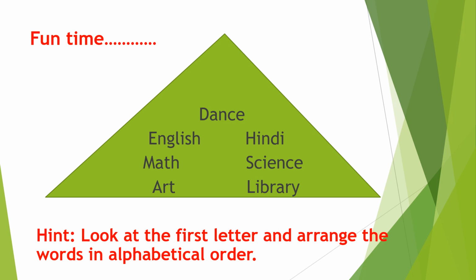Take some loose sheets, do the work in that, and bring those sheets back to the school when you come to the school. For doing this activity, a hint is also given. A very simple rule which you need to follow: just look at the first letter of all the words and arrange these words according to the letters which come first.